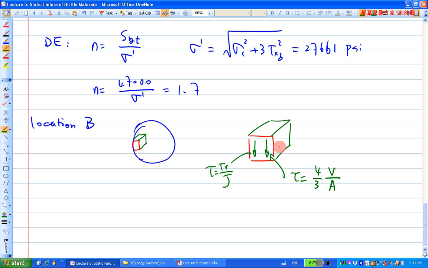So you have two stresses going down in this direction. Then the total is basically this plus this.